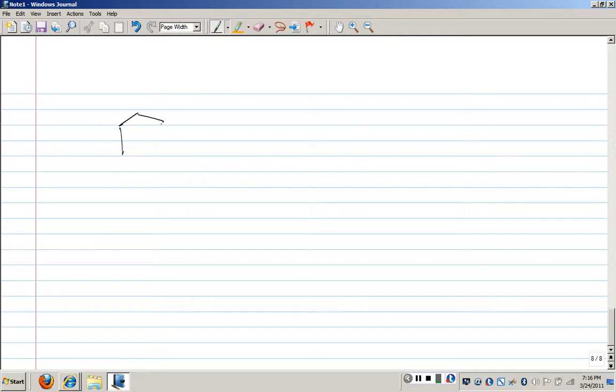Now, if I look at the carboxylic acid, and I've kind of given this away because this one is called a carboxylic acid, when I look at its conjugate base, what I end up with is the carboxylate anion, which in this case is called benzoate.